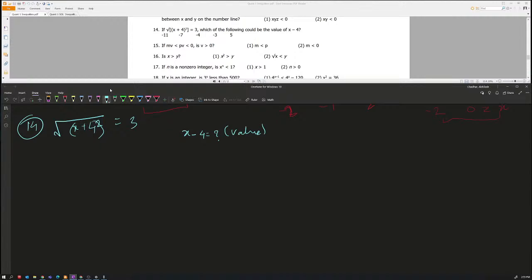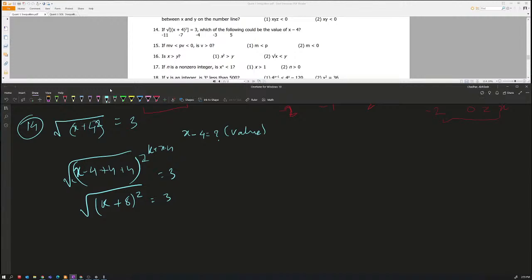So let's change this equation, let's take k is equal to x minus 4. So I will just write x minus 4 plus 4 plus 4, whole square root over, equal to 3. It's a very easy question, I think. This becomes k plus 8 square root over equal to 3. Now, which of the following is the value of x?